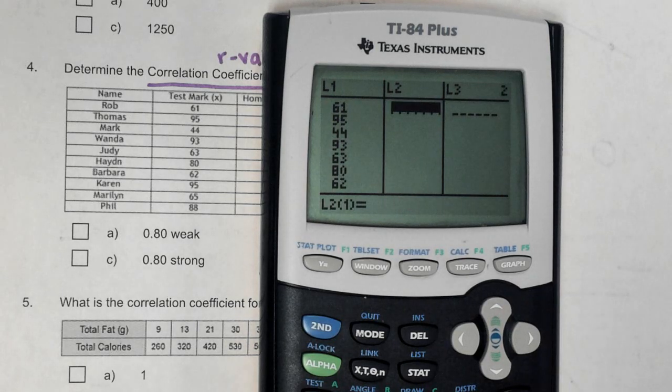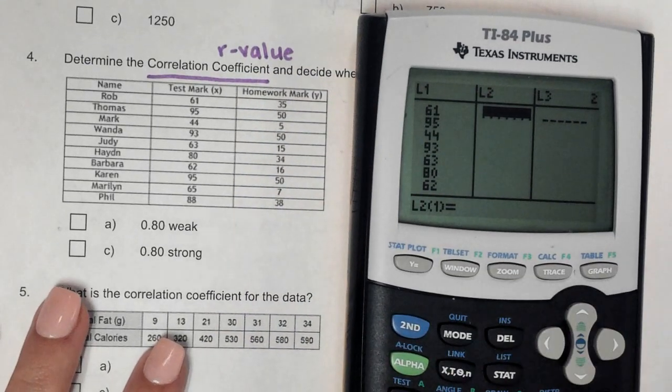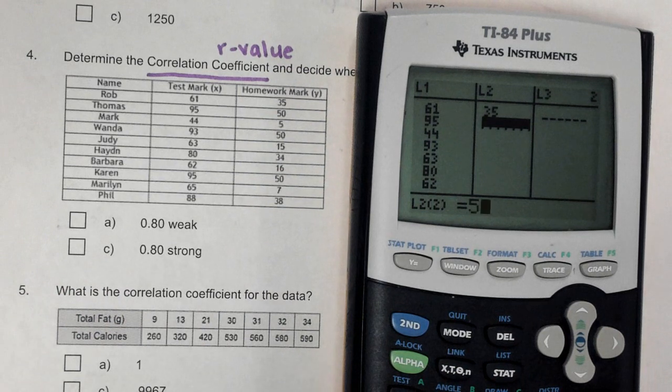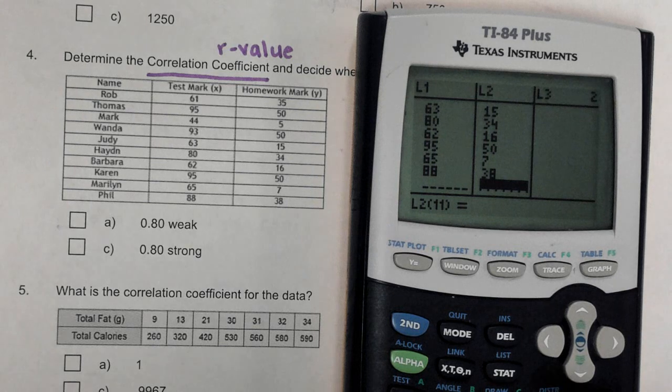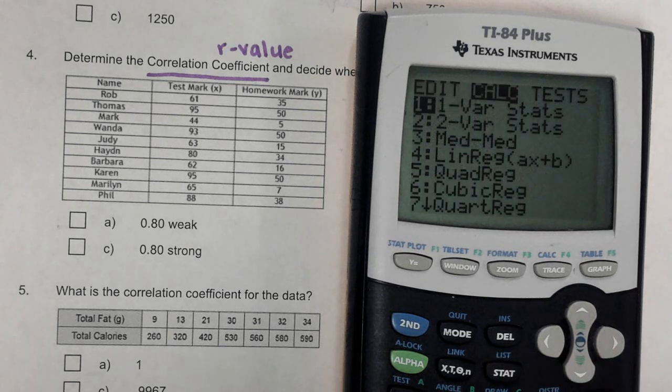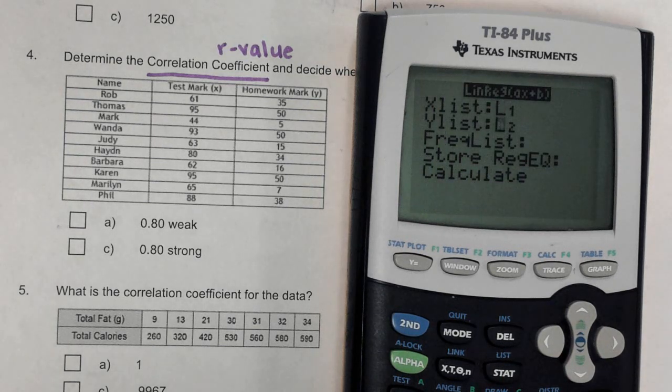And then you go to the Y values. And once you've got them all in, you click Stat, Right, and 4 because it's linear.